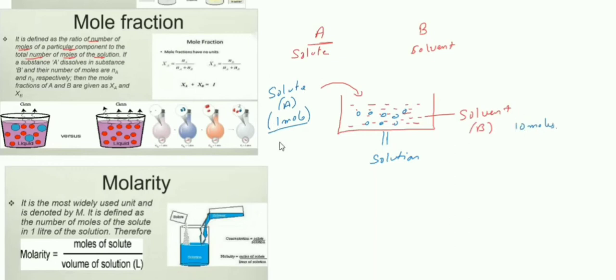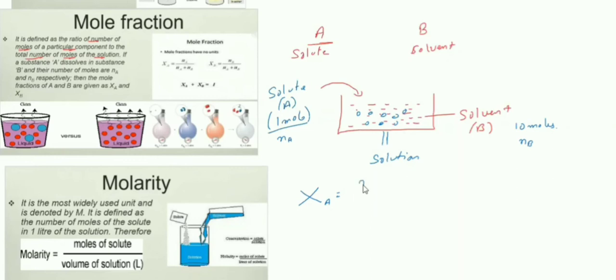Now the number of moles of A can be represented as Na and number of moles of B can be represented as Nb. So in this solution, we want to know the mole fraction of A with respect to overall solution. So this mole fraction of A, mole fraction for any term is denoted by this capital X, and since we are talking about mole fraction of A, it will be equal to number of moles of A present in this solution divided by total number of moles present in the solution.